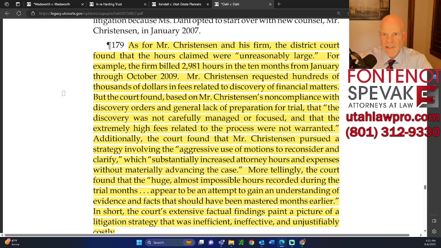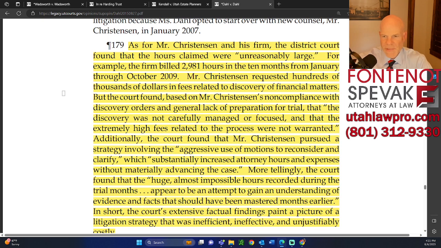Mr. Christensen requested hundreds of thousands of dollars in fees related to discovery of financial matters, but the court found, based on Mr. Christensen's noncompliance with the discovery orders and general lack of preparation for trial, that the discovery was not carefully managed or focused, and that the extremely high fees related to the process were not warranted.